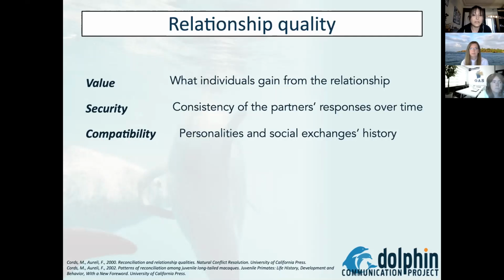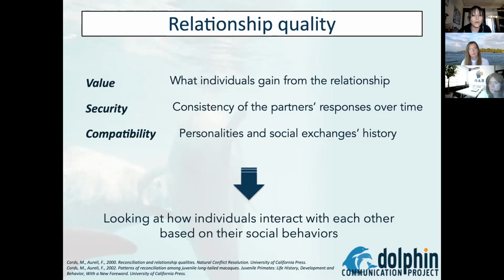And the compatibility will be related to tolerance and affiliation based on the personalities and the social exchange history of those two individuals. And so if you look at this all together, looking at relationship quality is actually looking at how individuals interact with each other based on their social behavior.